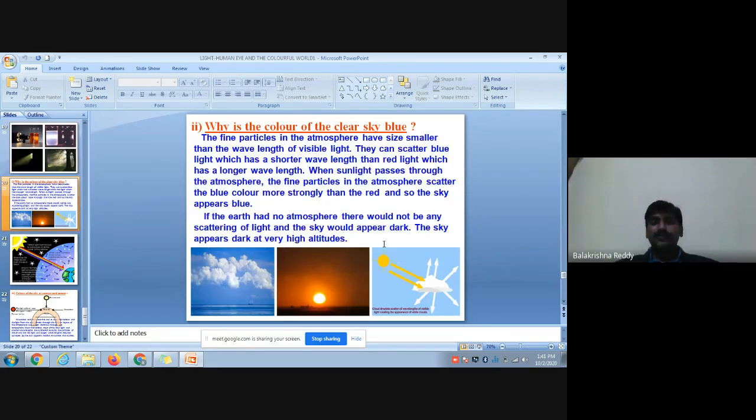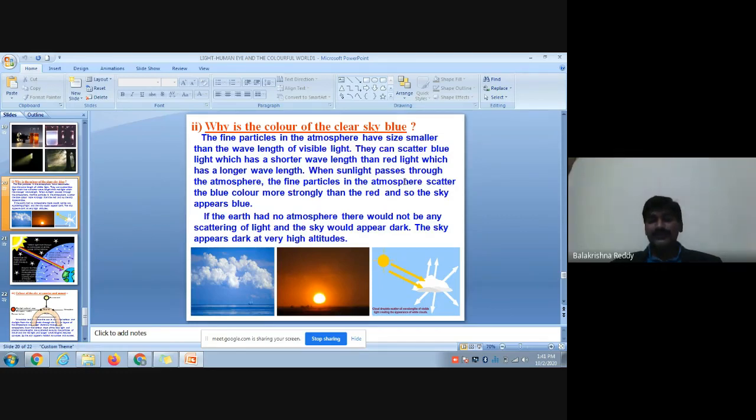Now, the question is: why does the color of the clear sky appear blue? Just now I told you. The fine particles in the atmosphere have a size smaller than the wavelength of visible light, right? So they can scatter blue light, which has a shorter wavelength, than red light, which has a longer wavelength.